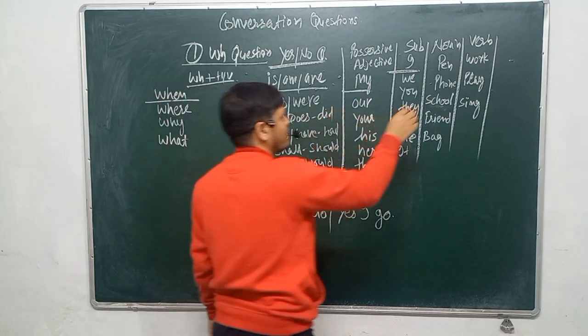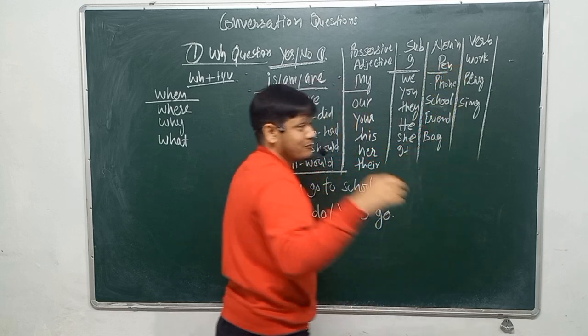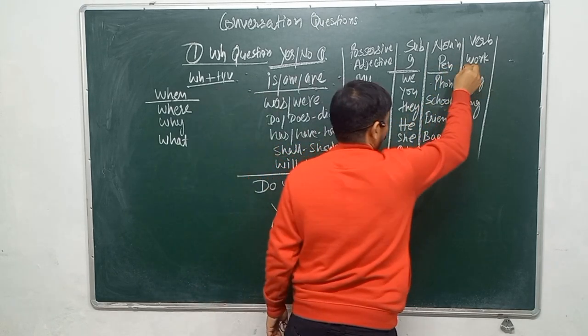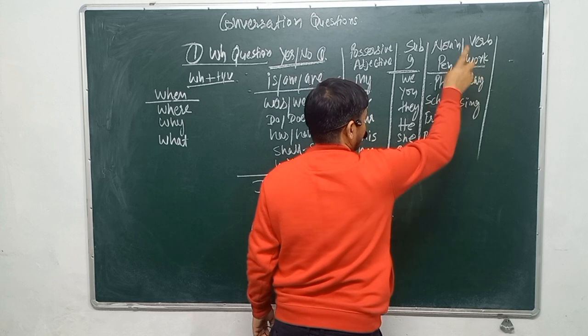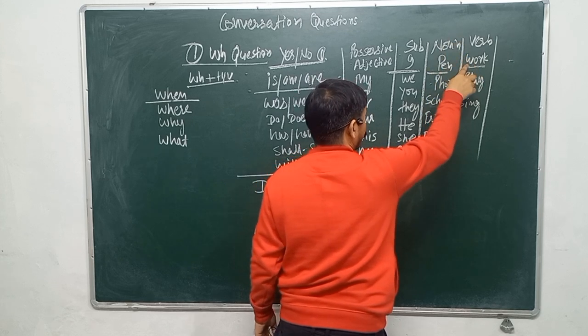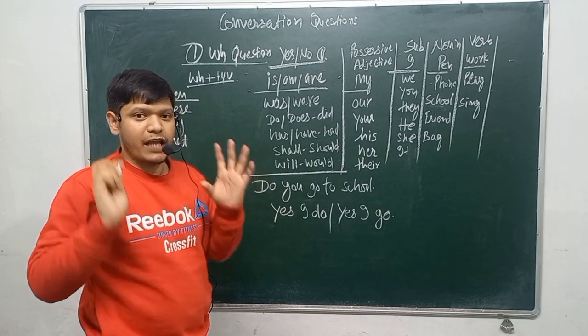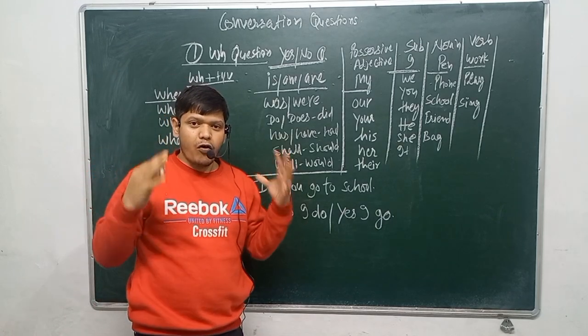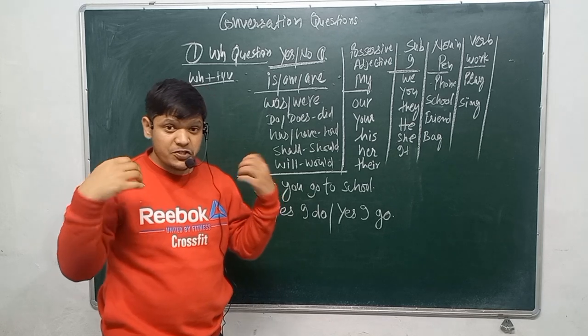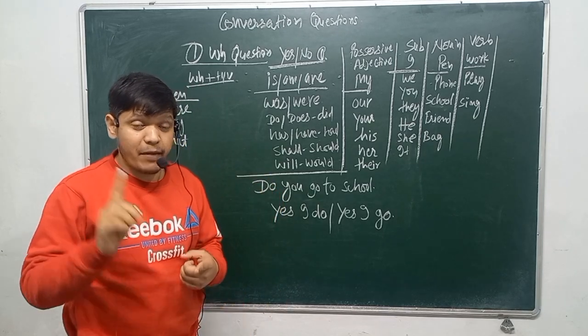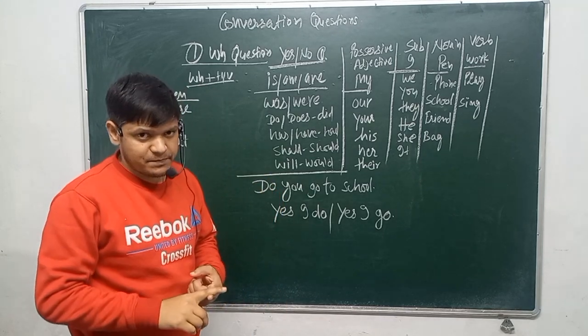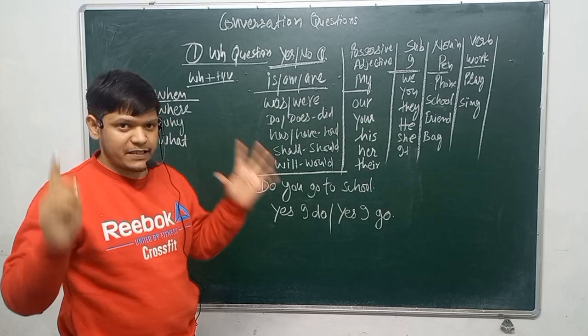In the fourth row, we can use a noun. In the fifth row, we can use a verb. Here we have an option: we can use a noun or a verb, according to the situation. This is one kind of format for making questions in English language systematically, according to grammar, for conversation practice.